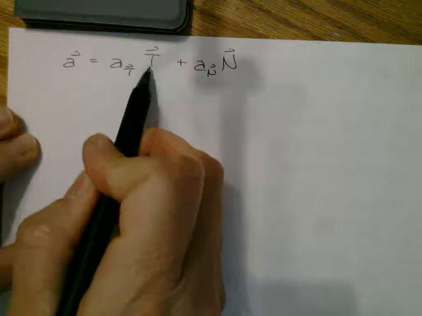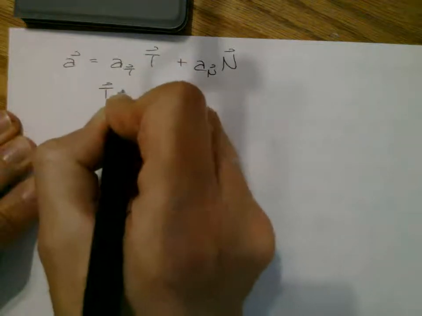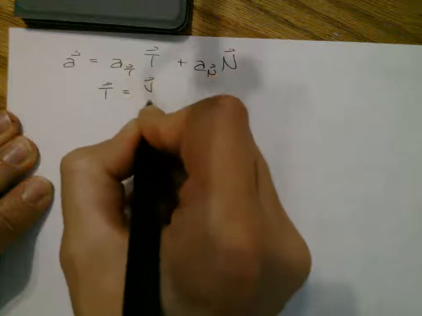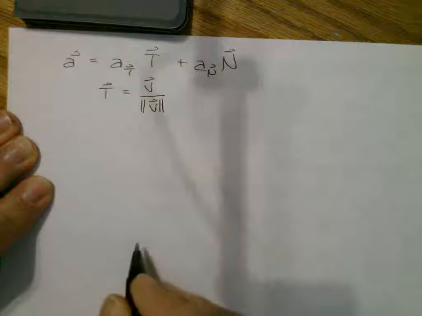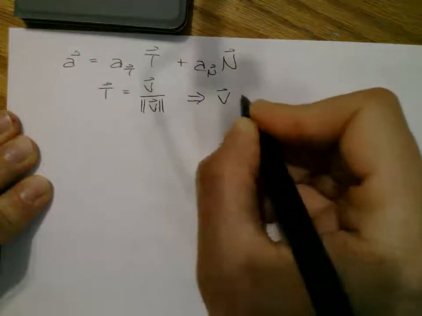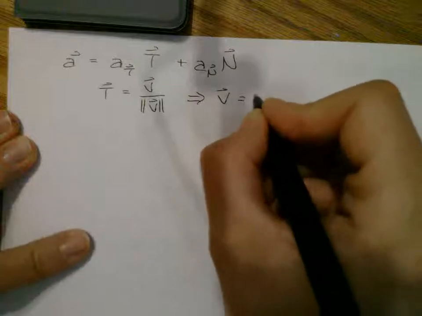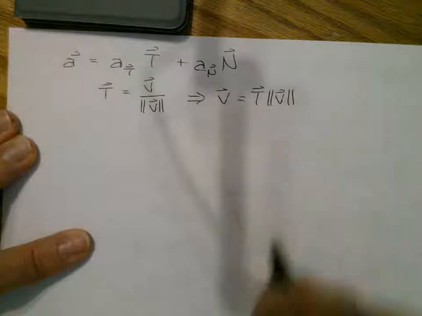I'm just going to observe that T, this unit tangent vector, is the first derivative divided by its magnitude, which means I can rewrite v as T times the magnitude of v, and that's going to be really convenient in a second.